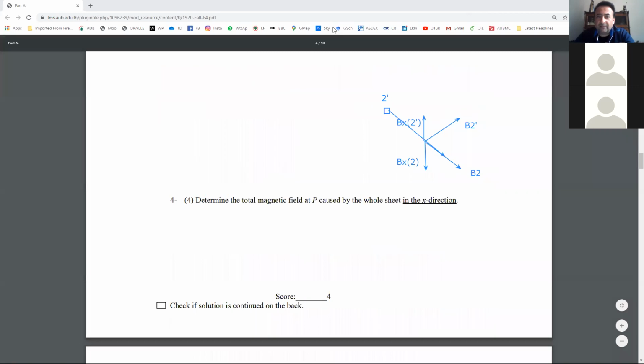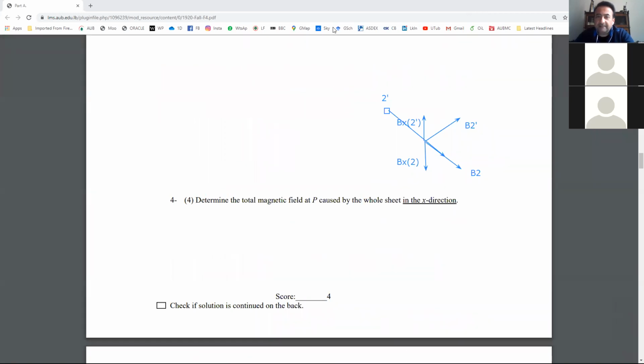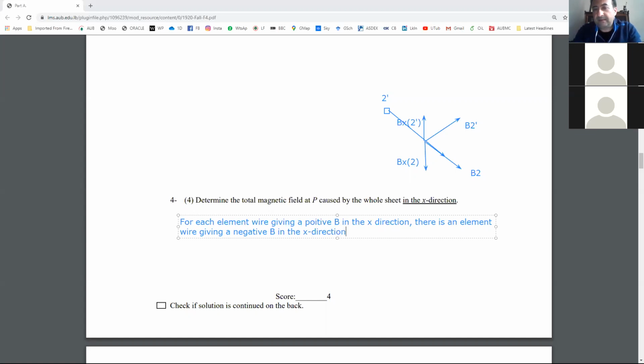So here what I could write is that for each element wire giving, say, a positive B in the x direction, there is an element wire giving a negative B in the x direction, as illustrated in the figure.